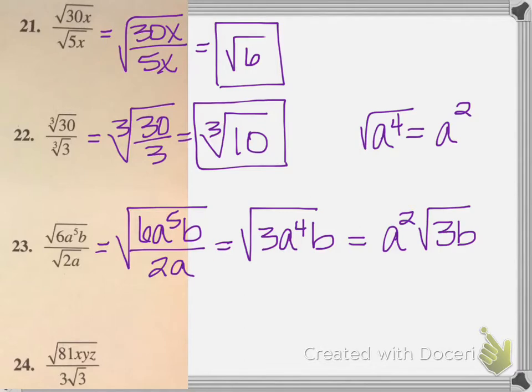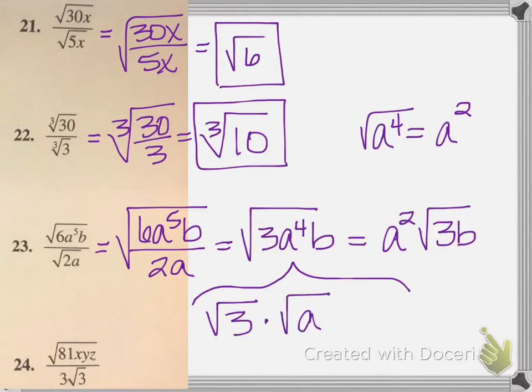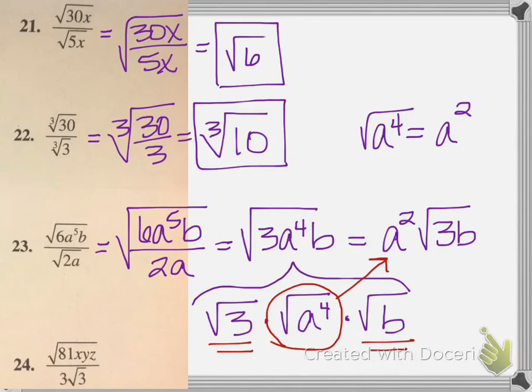So what I was able to do is rewrite these with their own square root symbols. And this is just another way to look at this problem, and this one I was able to actually take the square root of that, so that's what I put there, and then the 3 and the b just stay underneath the radical sign because I cannot take the square root of those.